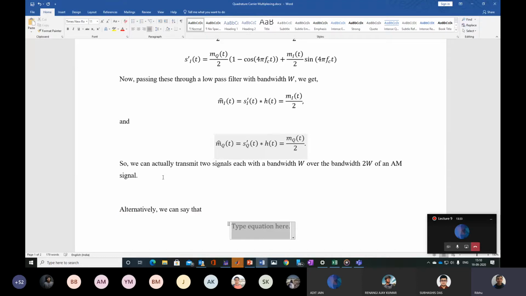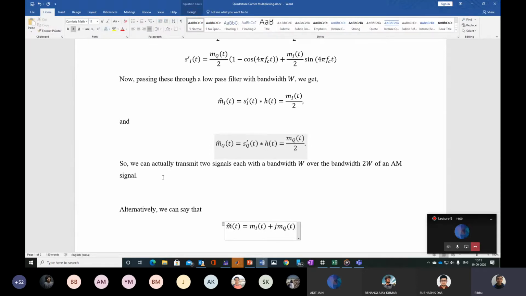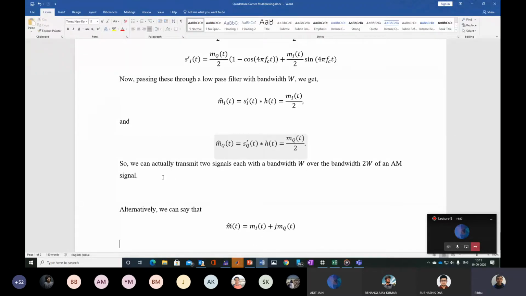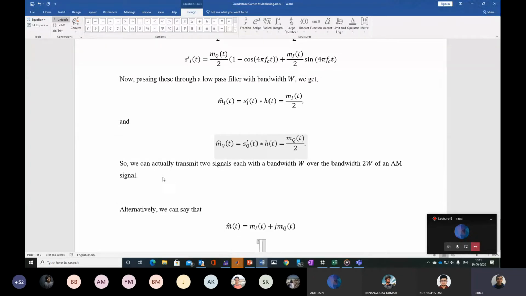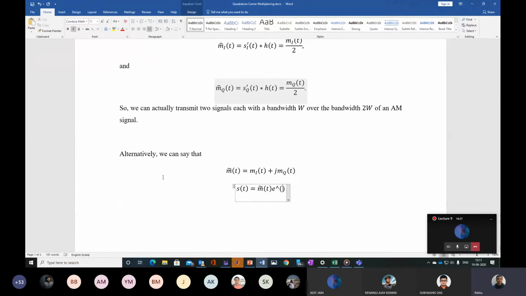Alternatively, say that if m~(t) equals m_I(t) plus j m_Q(t). This m~(t) is a complex valued signal, and consequently s(t) equals the real part of m~(t) e to the power j 2 pi f_c t.